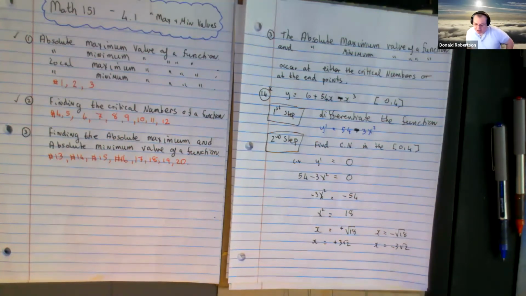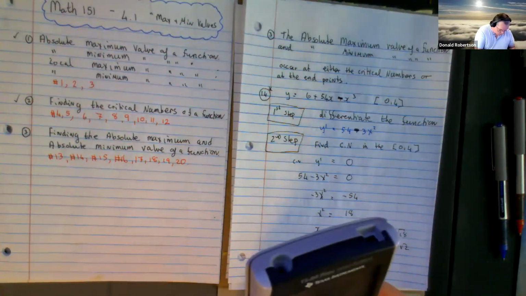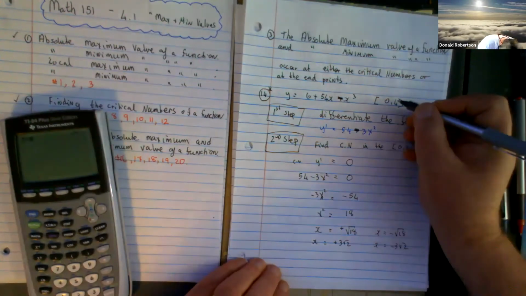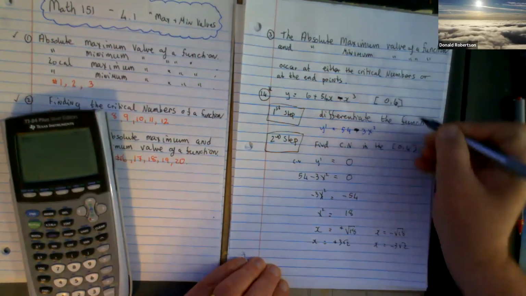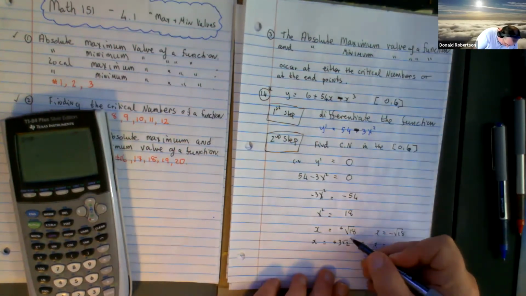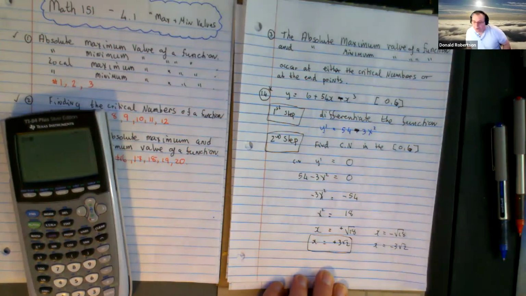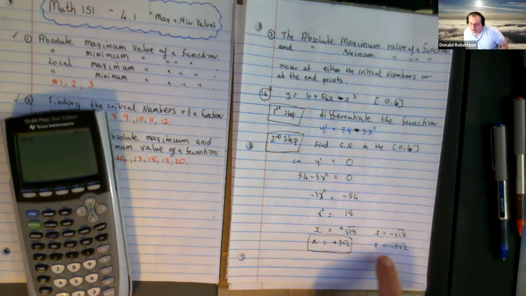Now I should check 3 times root 2. Let me check that. And if it isn't, I'll make it work. Can we change that to 6? Right. That guy is usable. Why am I kicking this critical number out?